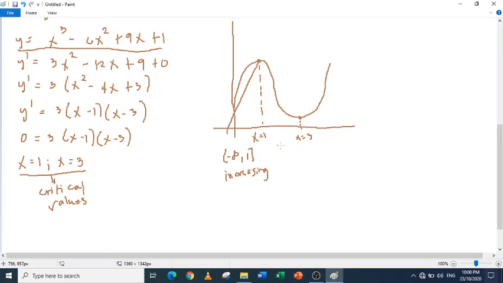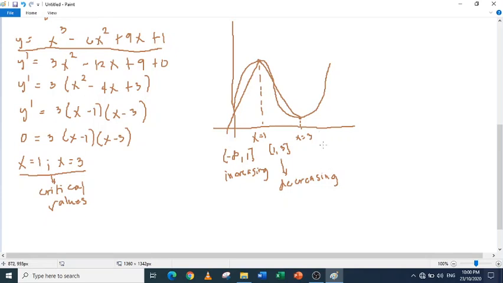And then, at the interval 1 hanggang 3, so if you connect these 2 points, so ang line natin ay pababa. So, meaning, ang slope natin is negative. So, at this interval, ang function natin ay decreasing.